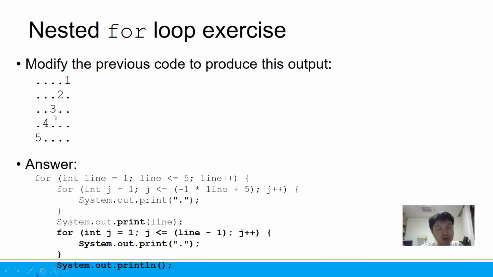So in this case, 3 is in the middle. Of course, 1 and 5 are at the ends, so there is no additional dot for 1, and there will be no prior dot for number 5.